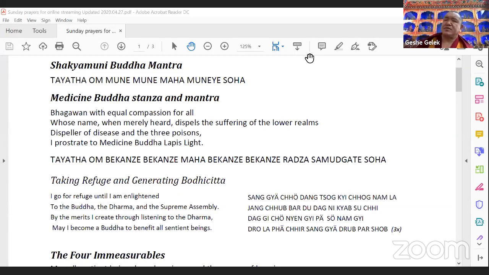If you are the one who's saying the Medicine Buddha mantra, then I think it's good to visualize on your crown. The detailed visualization can be challenging, so just visualize Medicine Buddha, a form of light, bright blue, facing the same direction as you.